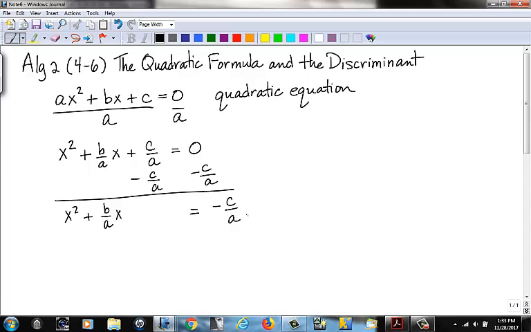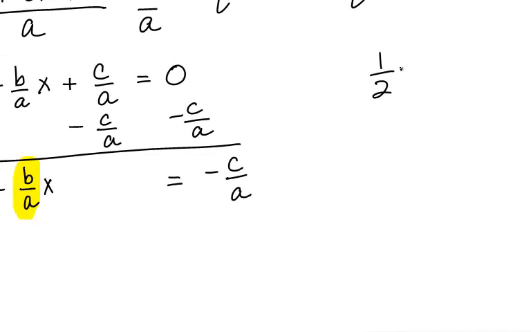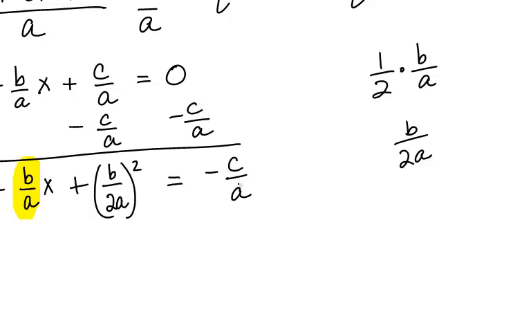Next step on completing the square is take half the coefficient of the linear term. So you take half of that. So half of means what? Multiply. Half of b over a. So it's just b over 2a. And you add the square of that to both sides. So add b over 2a, quantity squared.